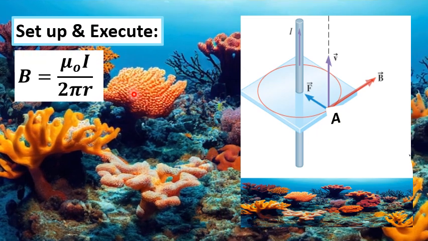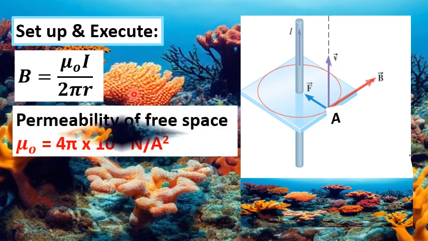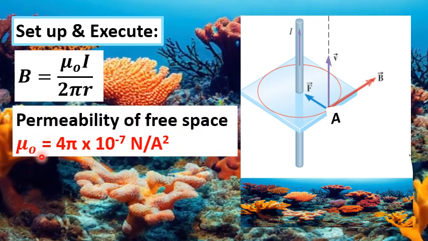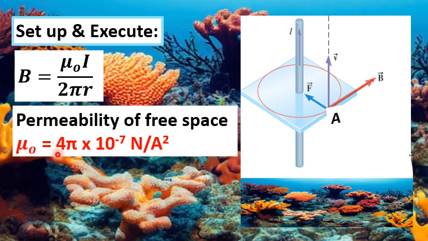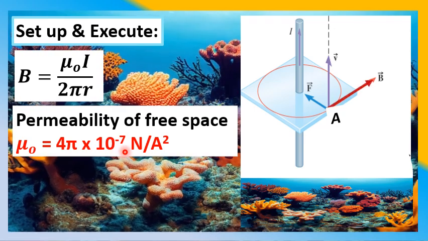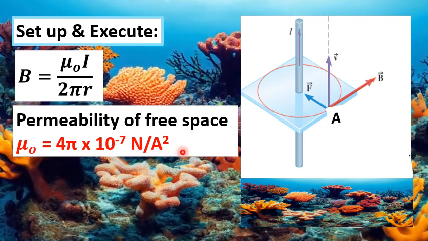So the constant mu naught is called the permeability of free space, and its value will take the value 4 pi times 10 to the negative 7 newton per ampere squared.